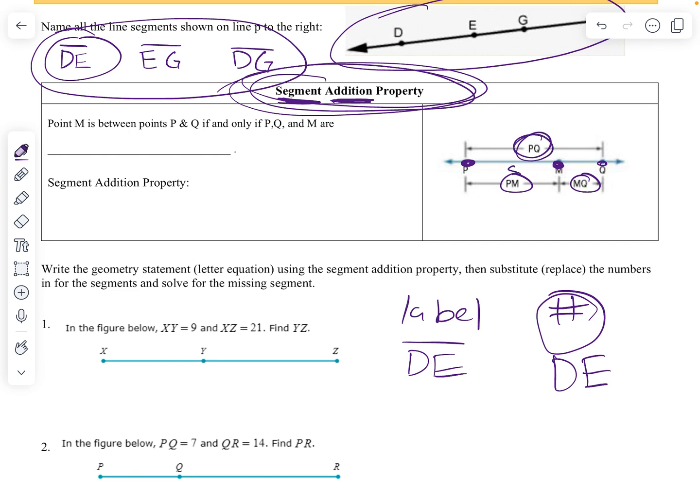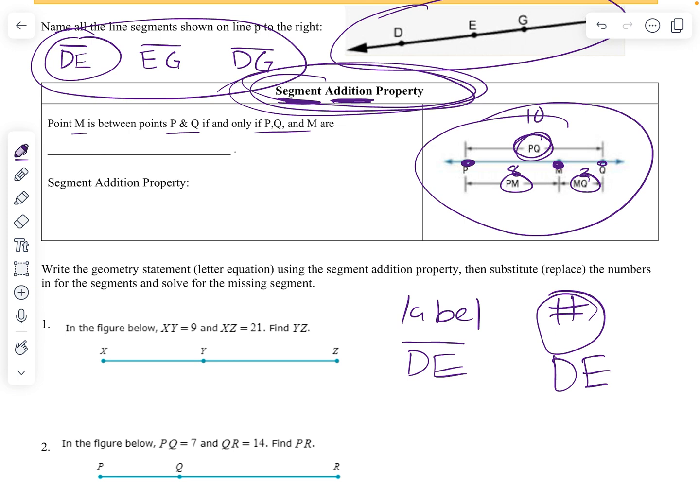So let's just say, for example, this was 8 and this was 2. How long would PQ be? Well, it'd be 10. You just add them up. So it's pretty straightforward. We're going to write that out over here for a second. It says if point M is between P and Q, and so on and so forth. It's kind of like what we've got going over here.